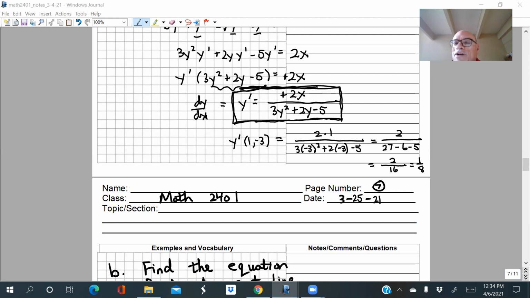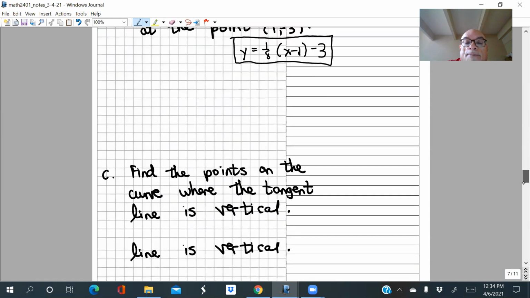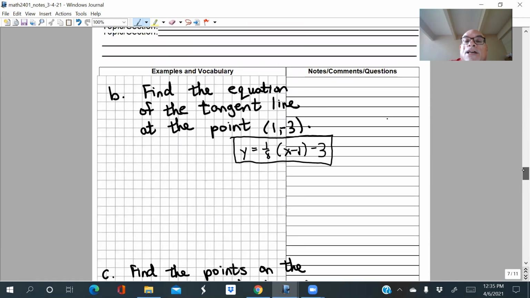So our little bit of detective work here tells us that what I'm interested in knowing is where this denominator is going to be 0. Because that's going to make this fraction undefined, and so that's going to give me a slope which is undefined. That's really what we're looking for here, where the denominator of that fraction is going to be 0.